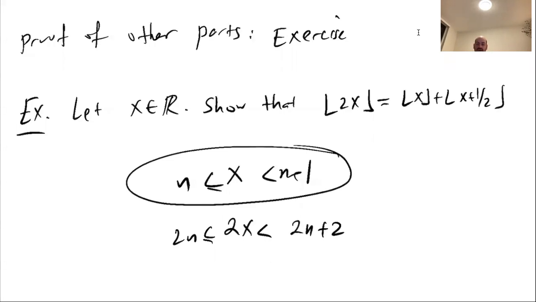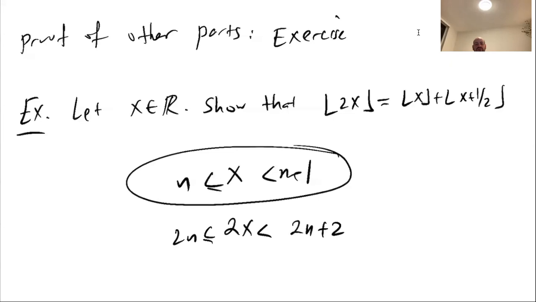It's important that you put x between two consecutive integers. We can call one of them n, then the other one n plus 1. But when you have 2n and 2n plus 2, you don't have consecutive integers anymore, right? Because if one of them is 2n, the other one has to be 2n plus 1, not 2n plus 2.